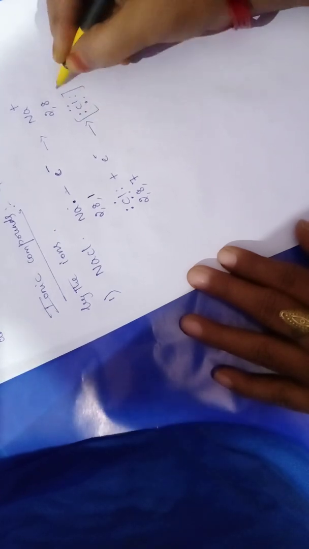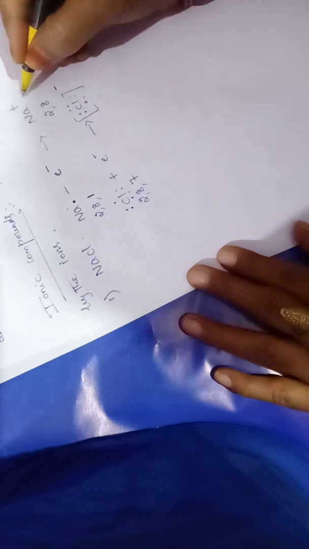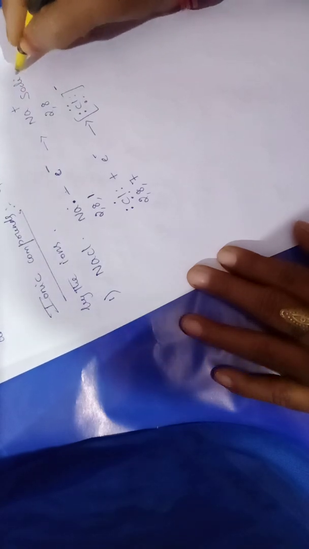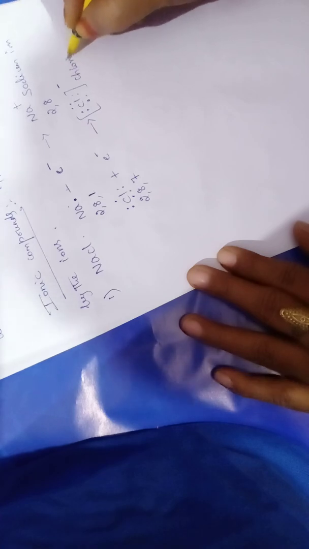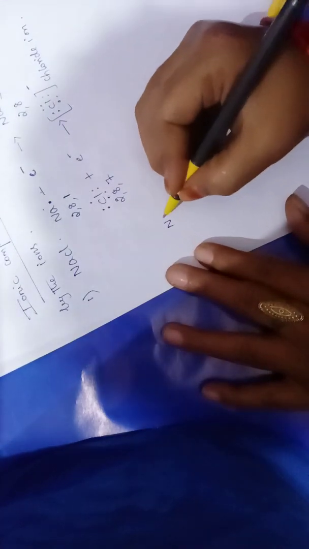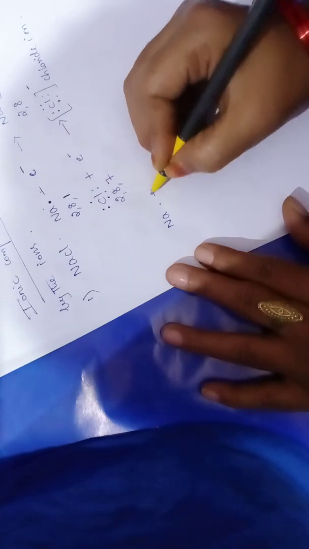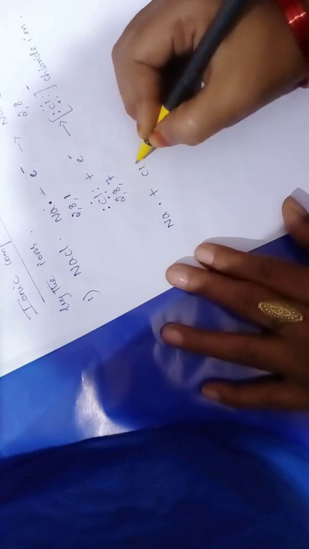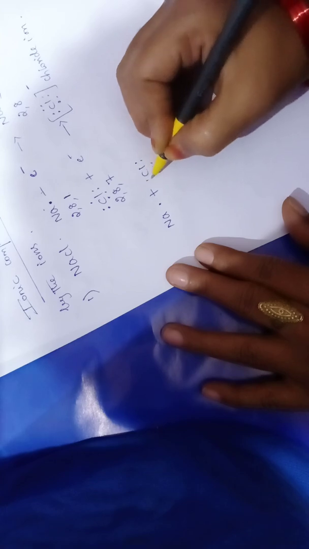So it will get minus charge. This is sodium ion. This is chloride ion. So now how it happens between sodium and chlorine? 1 dot here and 7 dots here.